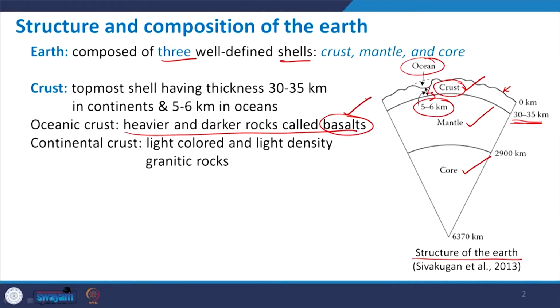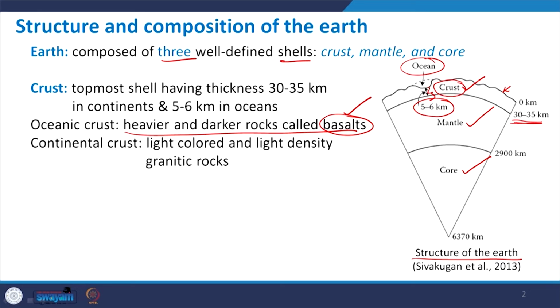Once I explain this structure and minerals to you, we will see how different types of rocks exist and what all are those. We will discuss them in detail, but for the time being please remember that this oceanic crust has heavier and darker rocks and they are called basalts.